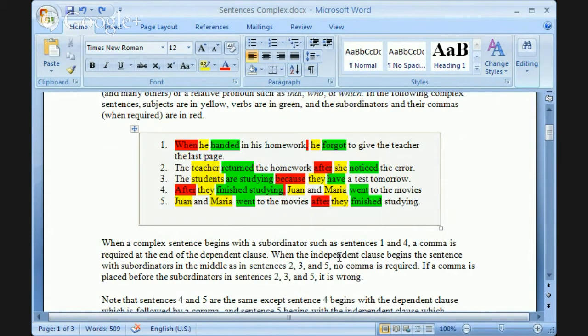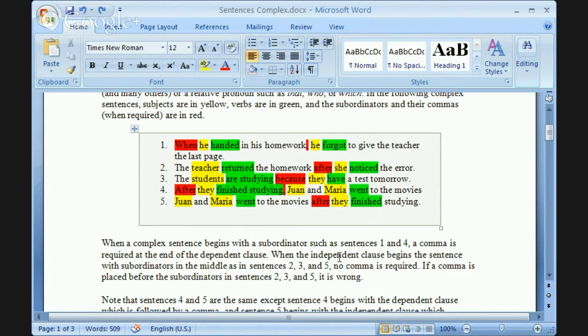When speaking, frankly, you're going to add pauses. You're going to actually pause. That was a pause. When he handed in his homework, he forgot to give the teacher the last page. Notice when I say that, I do two things.